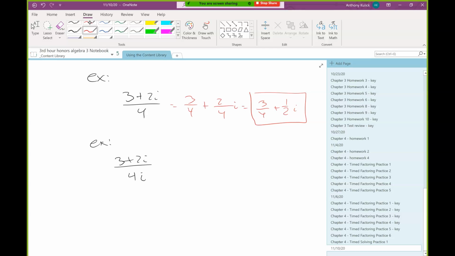What we'll do is we'll just multiply the top and bottom by i. Why will that work? Because i squared is -1, so we'll have no i's left in the denominator. And then we can do the same thing we did in the previous problem, right? So that distributes. And then we know i squareds are the same as -1s.